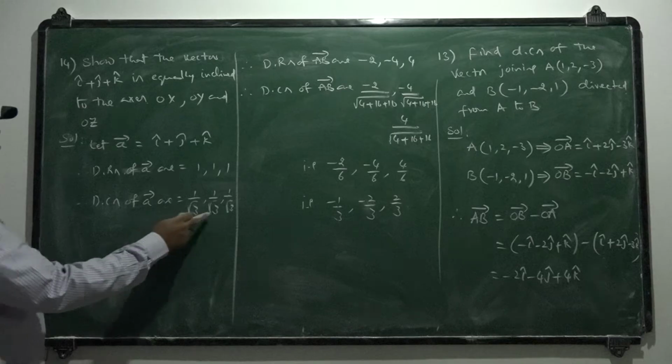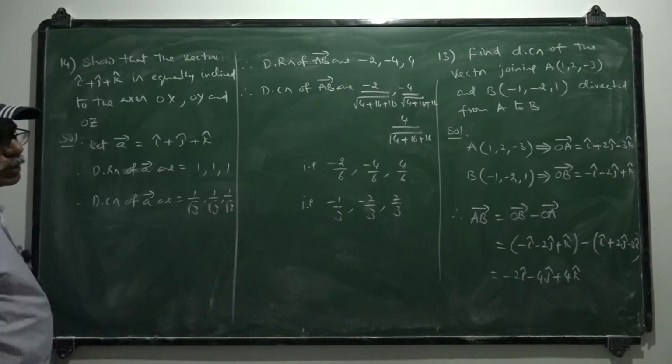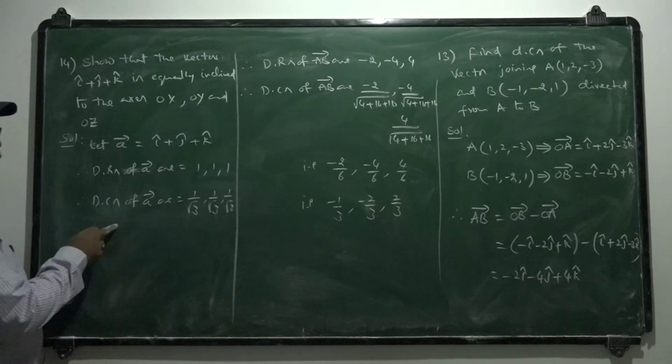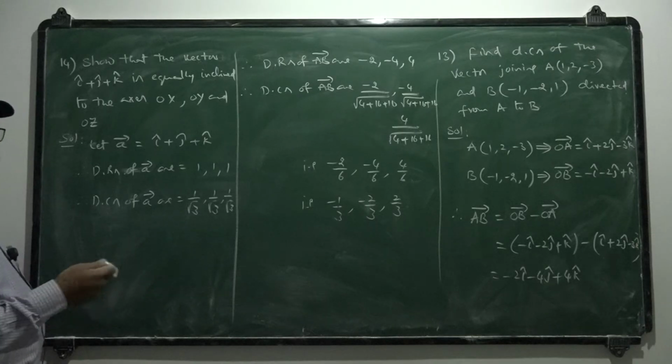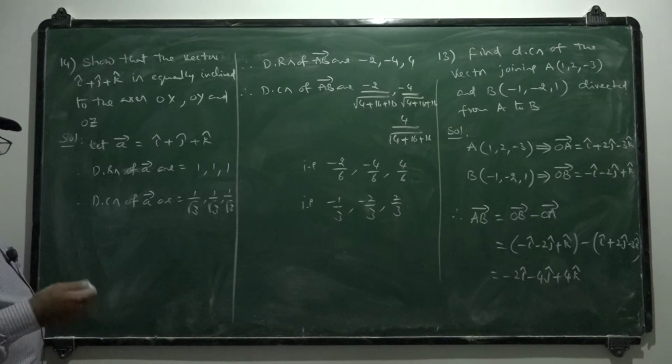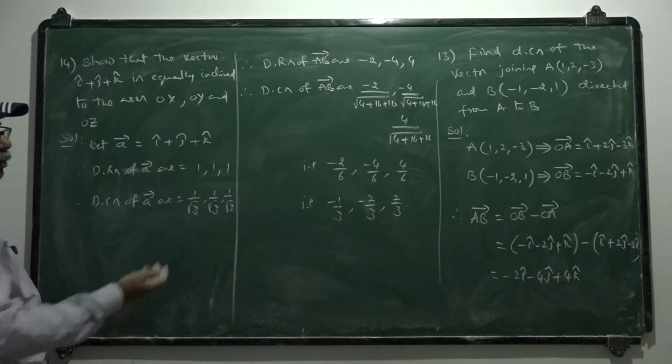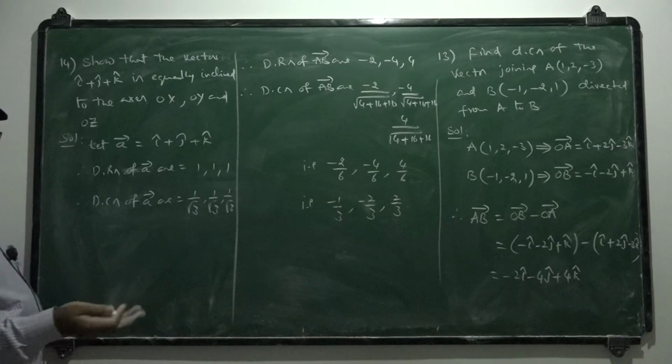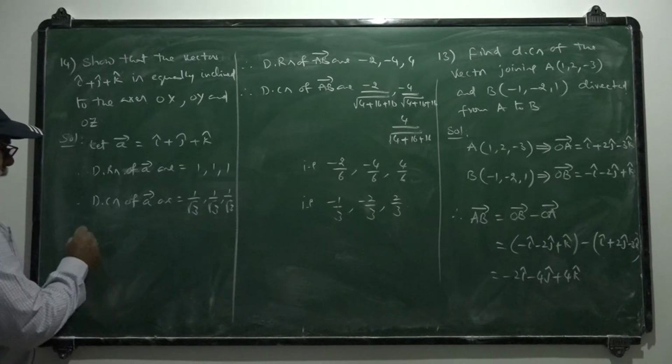So cos alpha is 1 by root 3, cos beta is 1 by root 3, cos gamma is 1 by root 3. Hence the vector is making alpha, beta, gamma angles with the coordinate axis. Then cos alpha, cos beta, cos gamma are equal here. Hence alpha equal to beta equal to gamma.